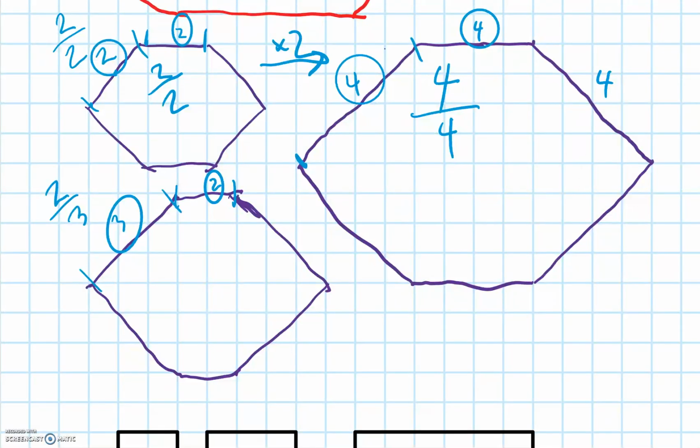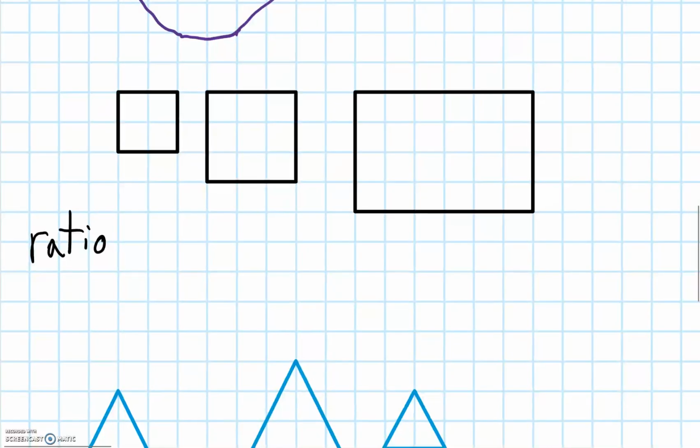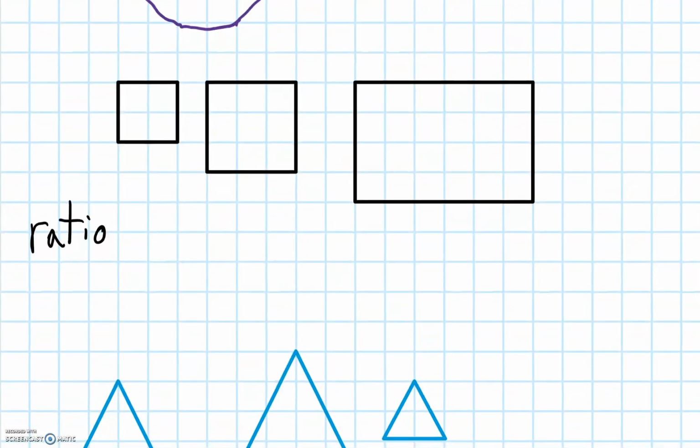Let's continue to look down here, and let's take a look at the ratio and see if we can use that to help us determine which ones are similar. So here we've got 2 by 2. Oh, looks like that setting's on, so 2 over 2.